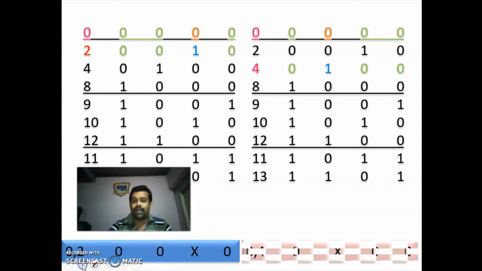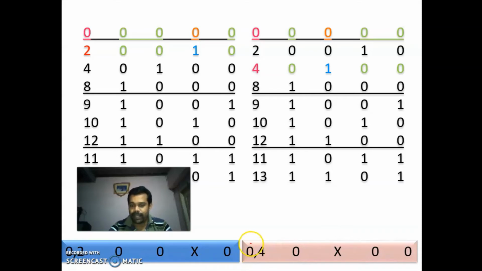Now, the expression while comparing 0, comma 4 is 0, 0, x, 0. The place in which the bits are differing, there we have to put x.